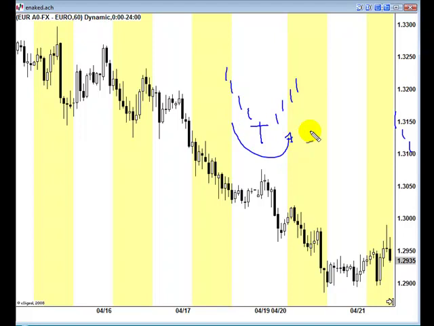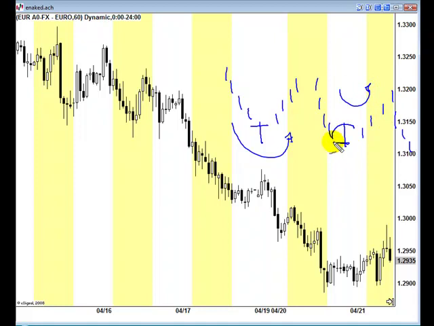So what we're now looking for is the same sort of thing, but in this case we've got the trend going down, and we've got a spike high at the bottom of the trend instead of a spike low, and then the trend reverses and carries on upwards.